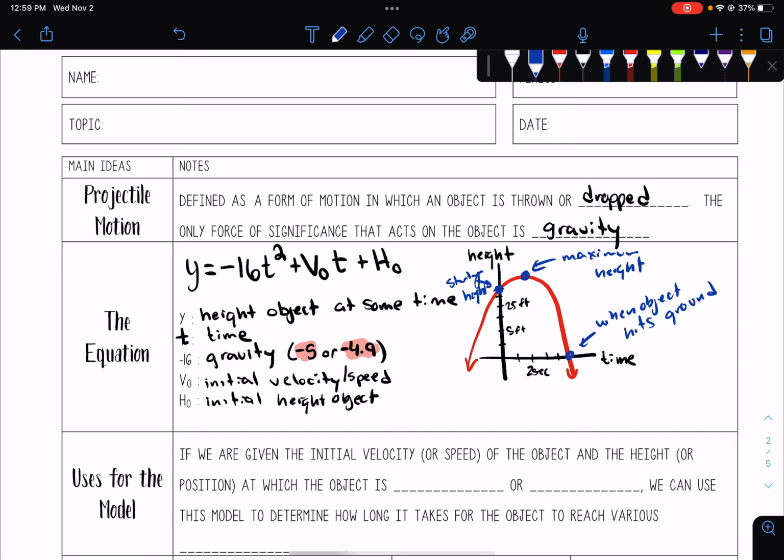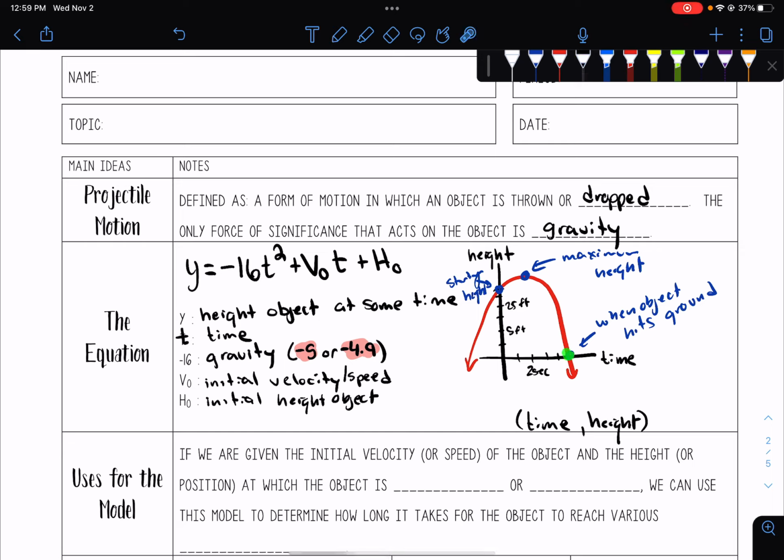All those different dots show up so that when you click on it, it gives you an X and a Y coordinate. The X value would tell me what's the time at that point. And the Y value tells me what's the height at that point.